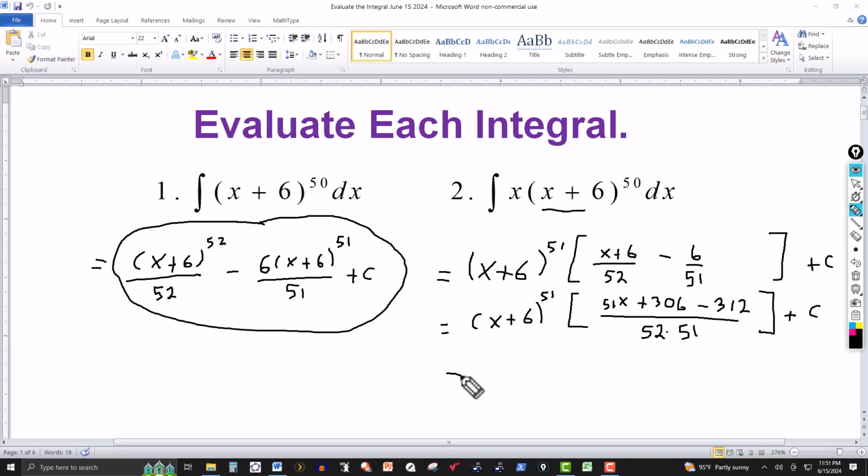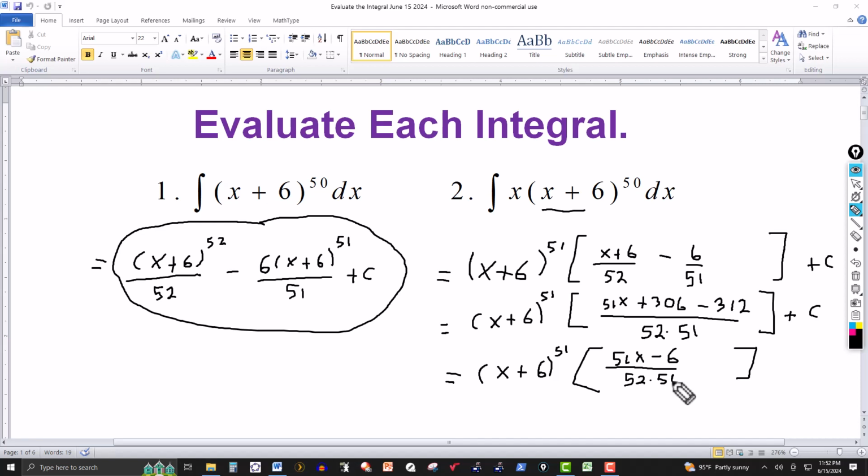And then this is going to equal, with a little more simplification, x plus 6 to the 51st power times, and this will give me 51x, and then 306 minus 312 is a minus 6, over 52 times 51. And you can multiply that out if you want.